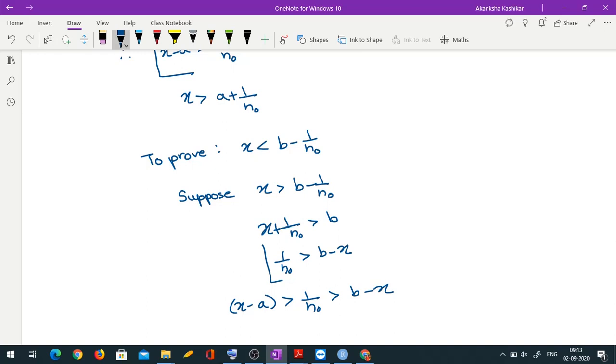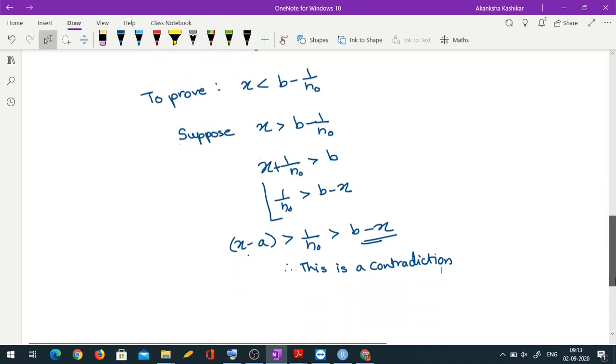But we know that is not the case. We know that x minus A is smaller than B minus x. That's what we started with. Therefore, this is a contradiction.